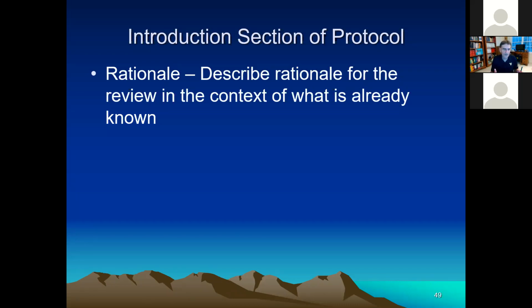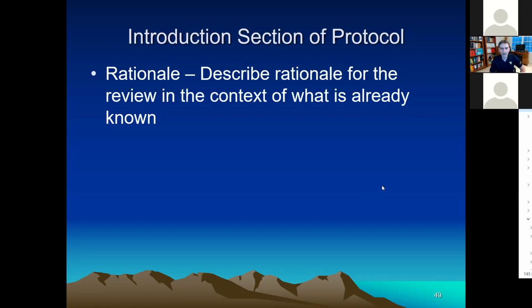And what you want to do is describe your reason for doing your systematic review with or without a meta-analysis, and to do so within the context of what's already known out there in the field. Okay. Y en la introducción, lo que se debe poner es describir la razón por la cual usted va a realizar la revisión de literatura con o sin metaanálisis.